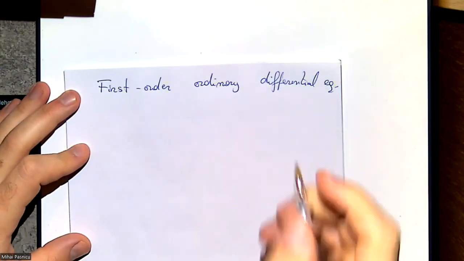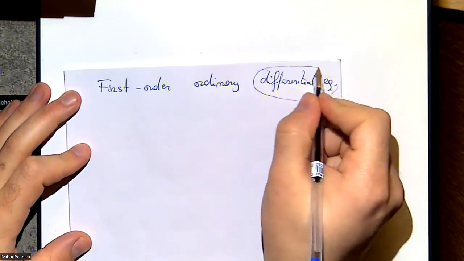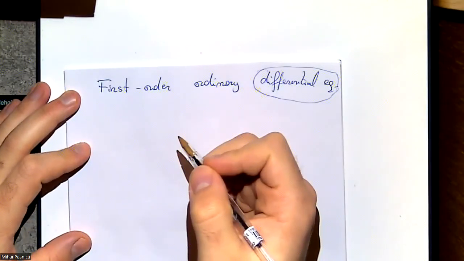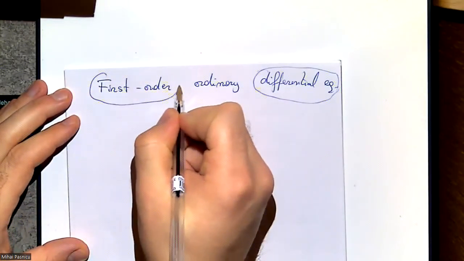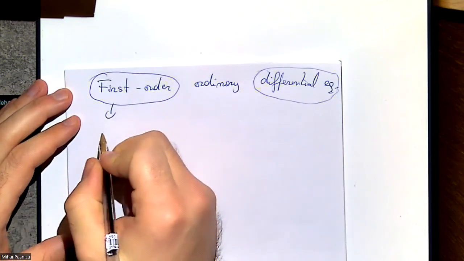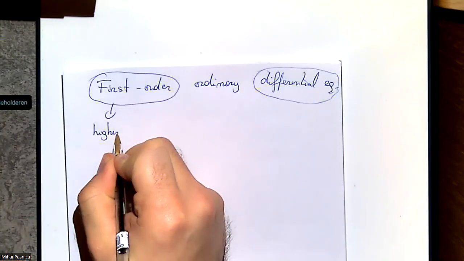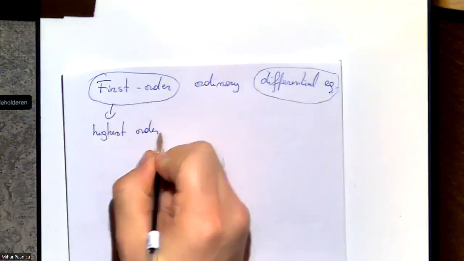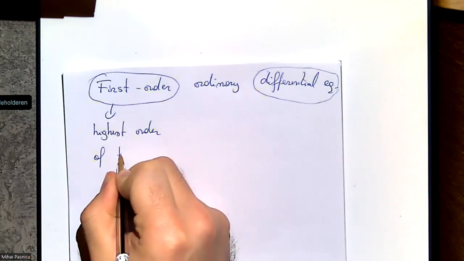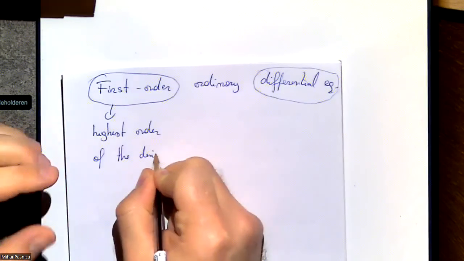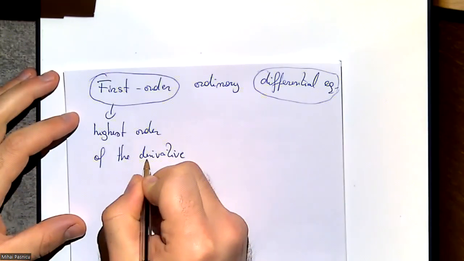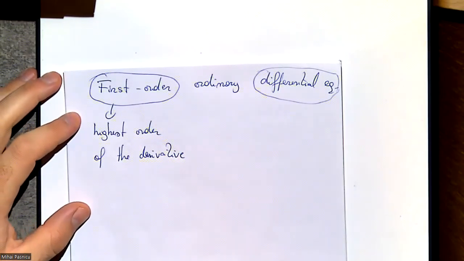Let's look at differential equation: at this point we know it means it's an equation that has some derivatives in it. First order means the highest order of the derivative.